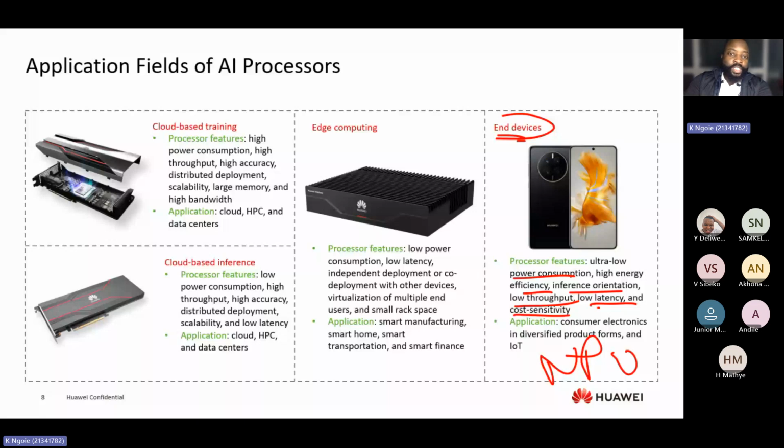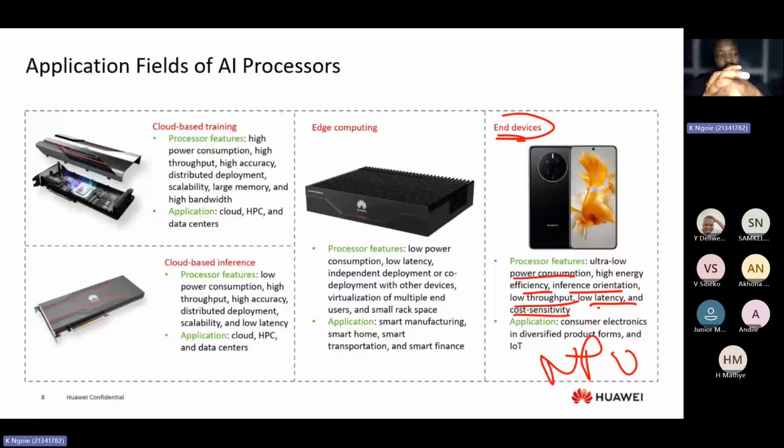That will help you with your voice assistant, facial recognition, predicting the next text and things like that. Some chips already come with the devices. For example, if you're using an iPhone, you have an Apple Neural Engine. If you have a Huawei device, you have the Huawei Ascend Lite. Those are chips that work with that.